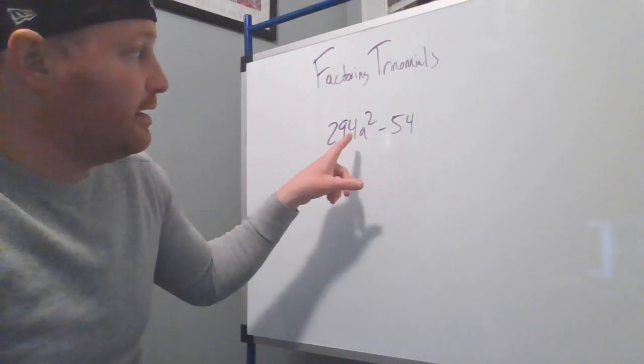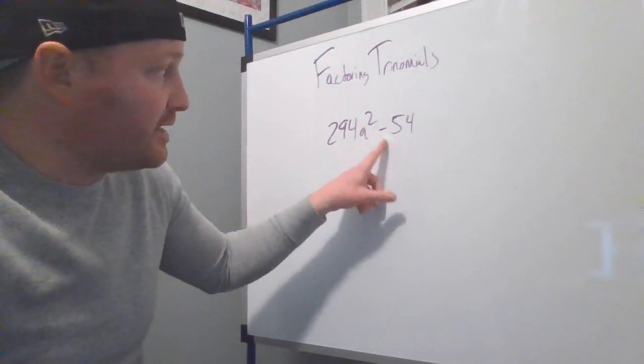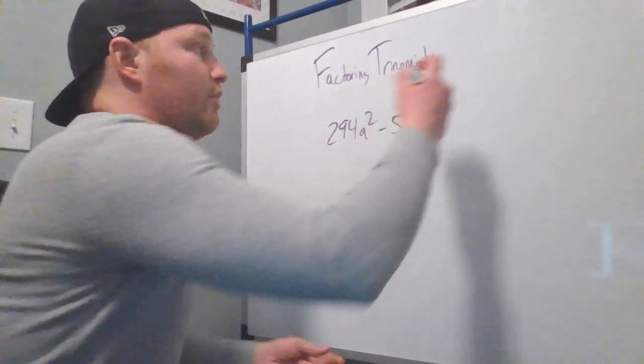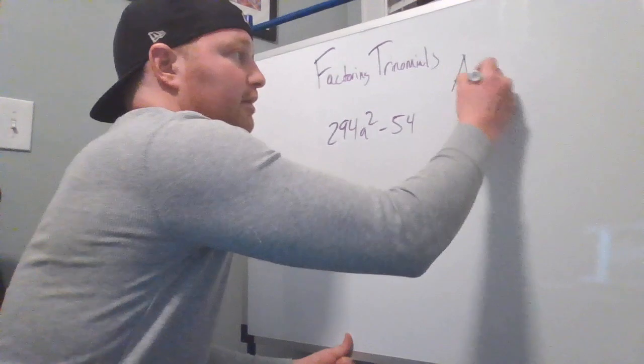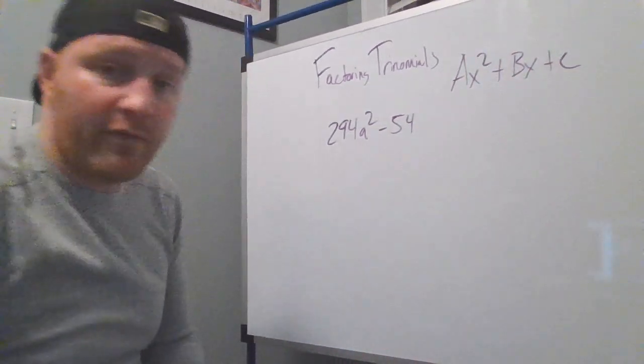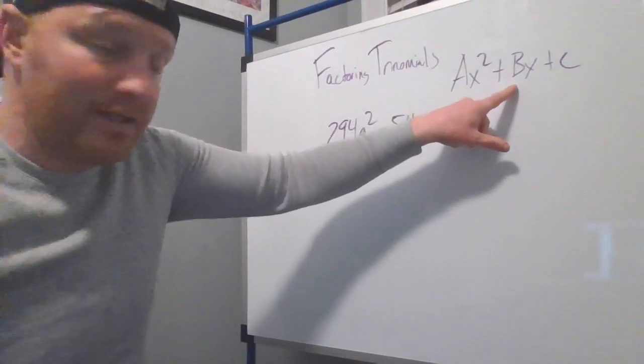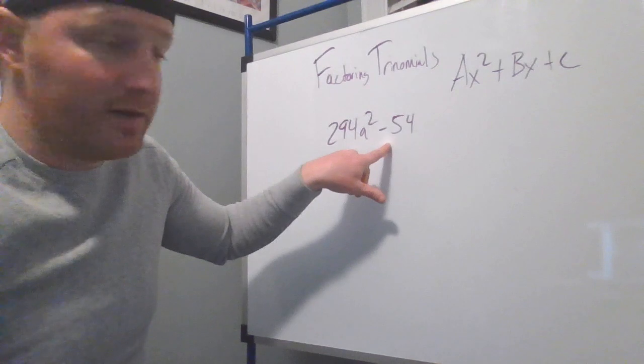But I do know one thing. Something is telling me that this might be a difference of squares because I'm missing that middle term. Remember, all these quadratics generally have a middle term. When there's no middle term, that means you're most likely dealing with a difference of two squares.